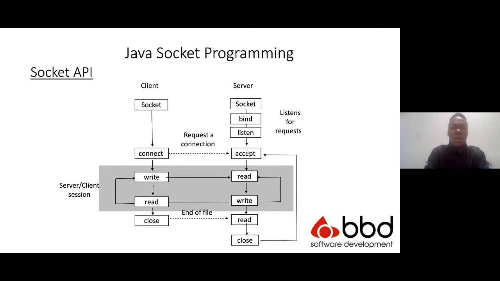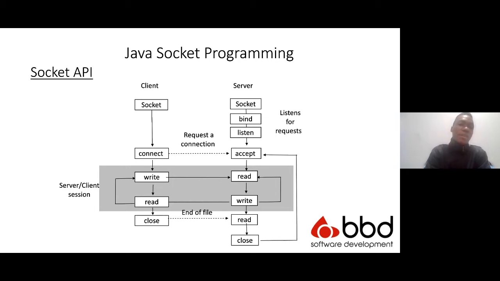Then we say that the client has connected to the server. Here is where the client-server session occurs, so we can read and write files. Once the session is done, we close the connection, and the server returns to the state where it is open to listen for more requests from different clients.